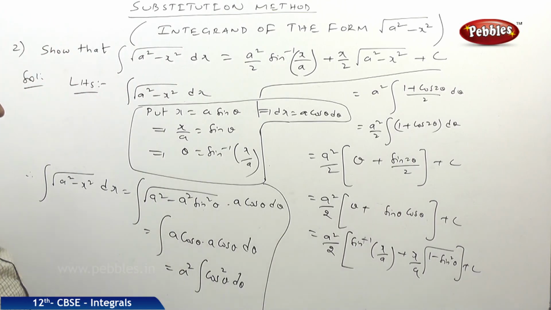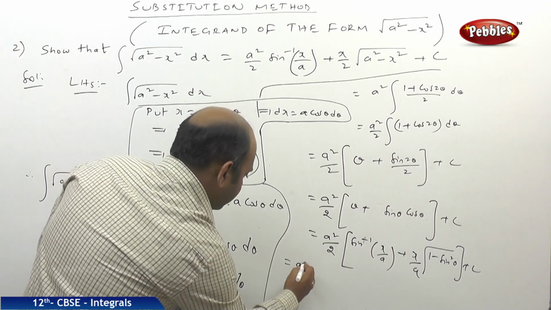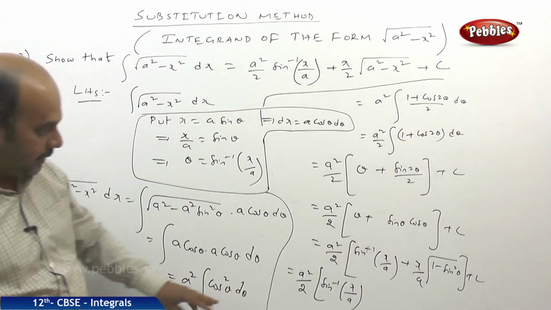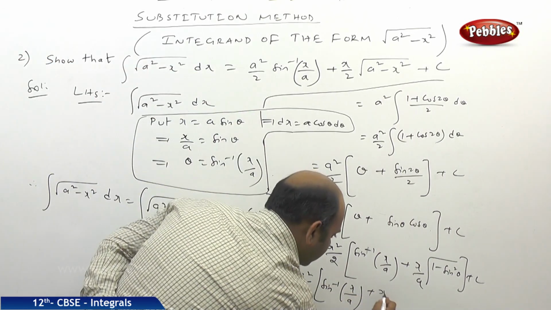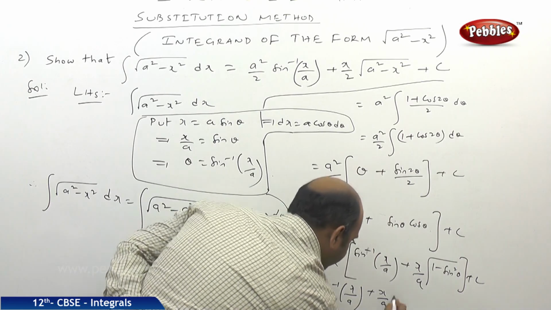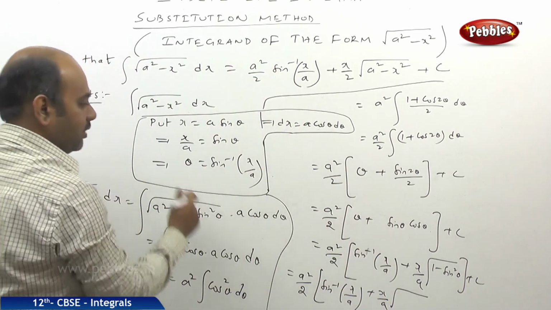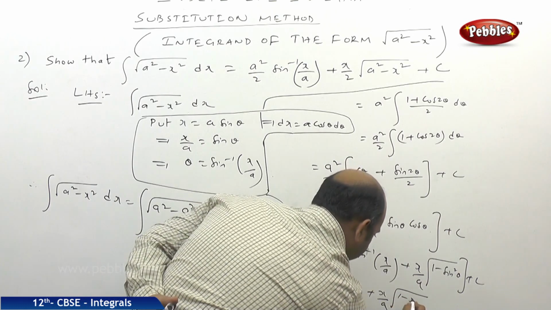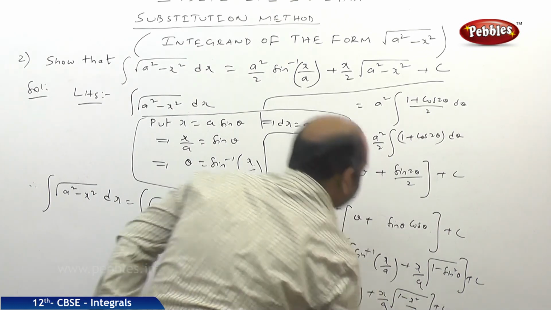So finally a square by 2 sin inverse x by a plus x by a under root of, again sin square theta, sin square theta means directly I will be writing as 1 minus x square by a square plus c.